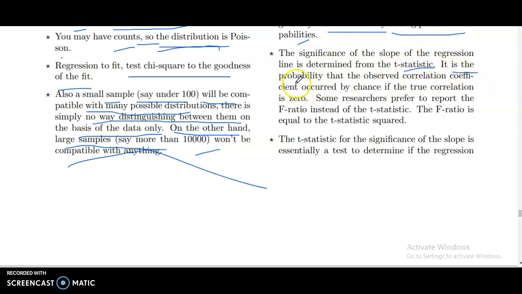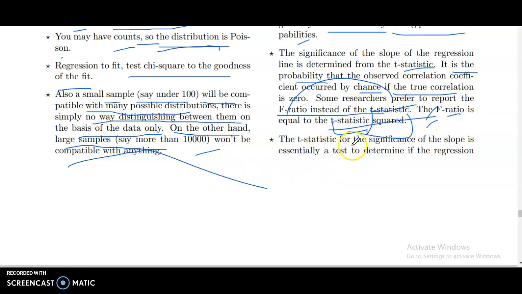It is the probability that the observed correlation coefficient occurred by chance. If the true correlation is zero, some researchers prefer to report the F ratio instead of the t statistic. The F ratio is equal to the t statistic squared.